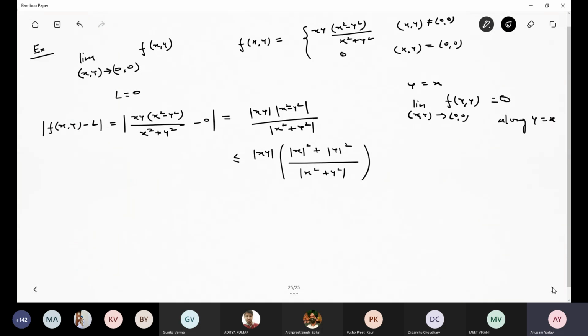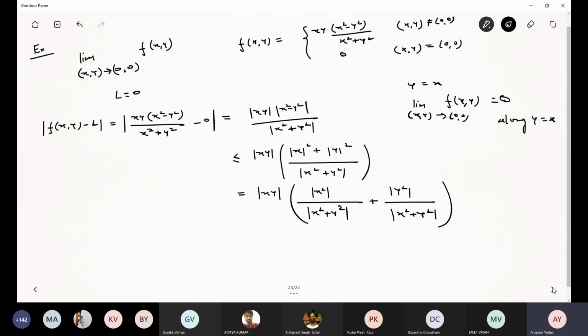Then this is equal to mod xy times (mod x square upon x square plus y square plus mod y square upon x square plus y square).